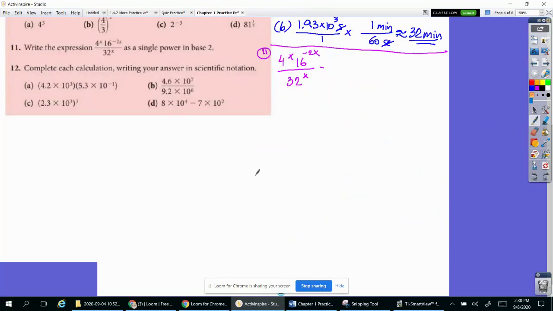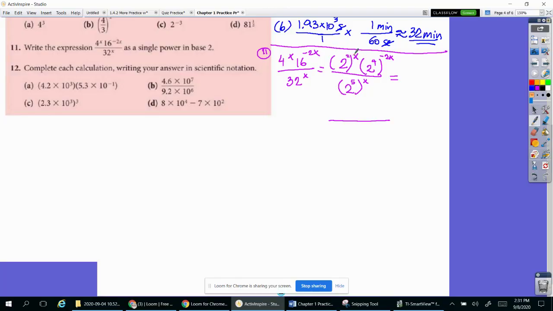Okay, here we go. Let's rewrite 4 as 2 squared, and then we're going to raise that to the x power. 16 we can rewrite as 2 to the power of 4, and that raised to negative 2x power. And then 32, we know that is 2 to the 5th, and then raise that to the x power. Now let's simplify this.